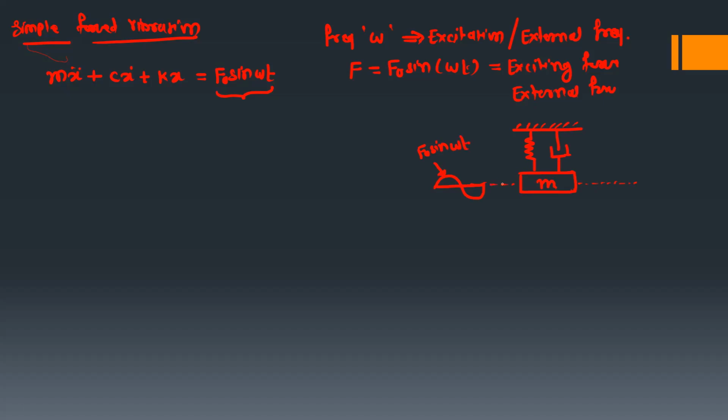If you provide this force to the mass, then we will get a similar waveform for the displacement. So finally, we are expecting this mass will oscillate under the action of this force F0 sine omega t. It will produce some displacement x, and this displacement is also a sine wave, having the equation x equal to A sine omega t minus phi.